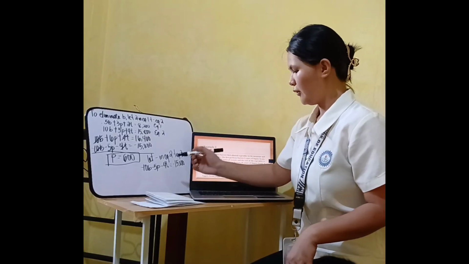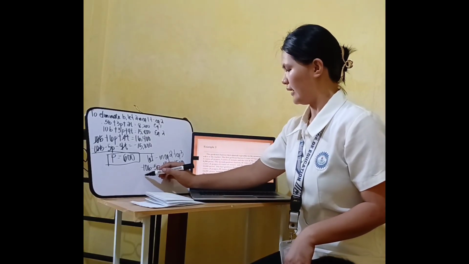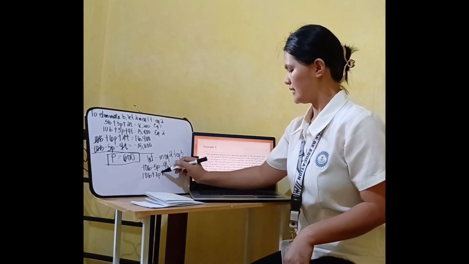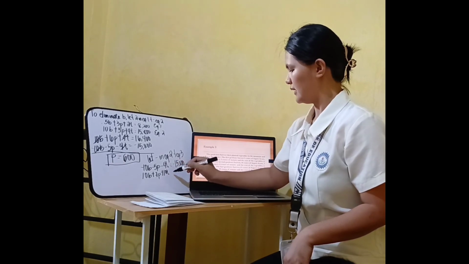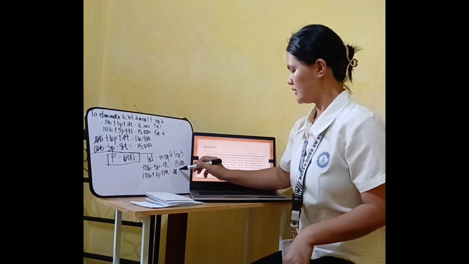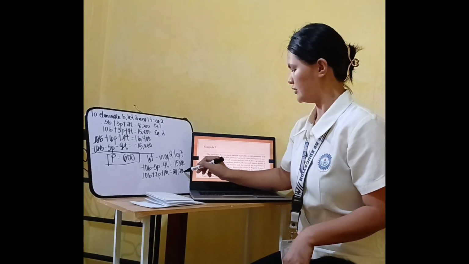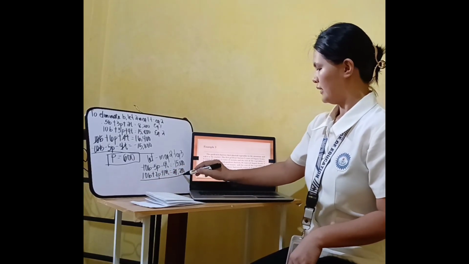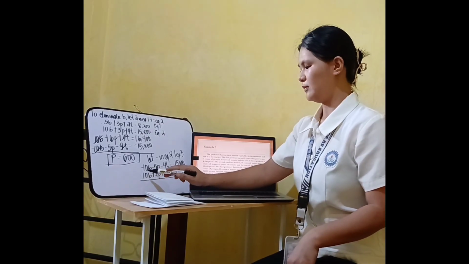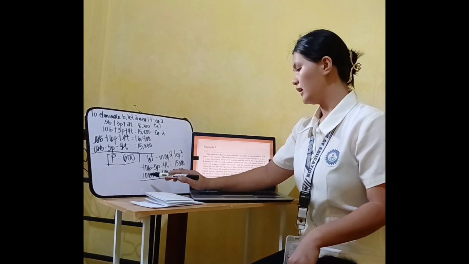Equation 3 is 10B plus 7P plus 10T is equal to 24,200. So we have negative 10B and positive 10B that would be cancelled out.